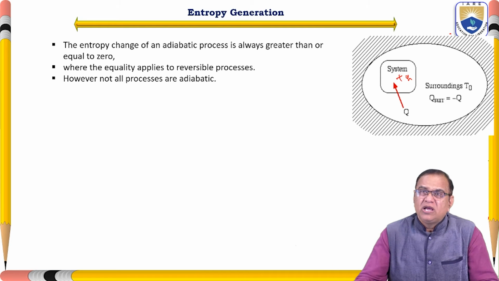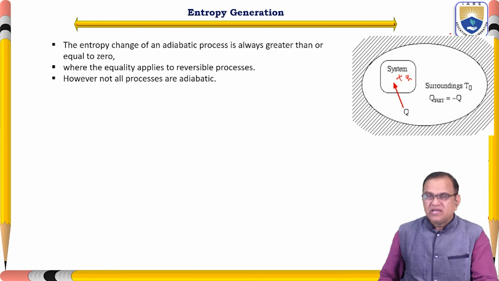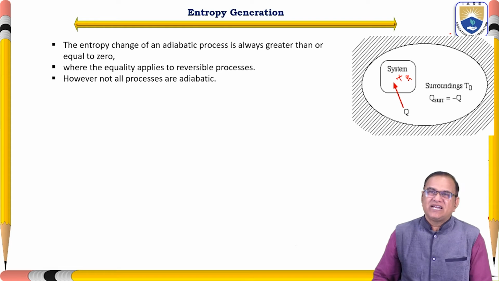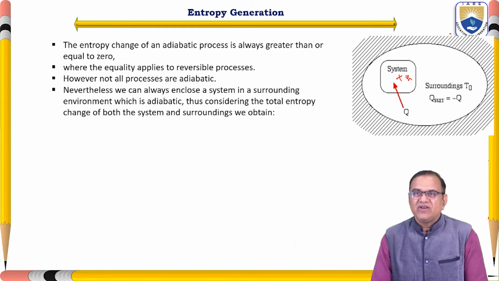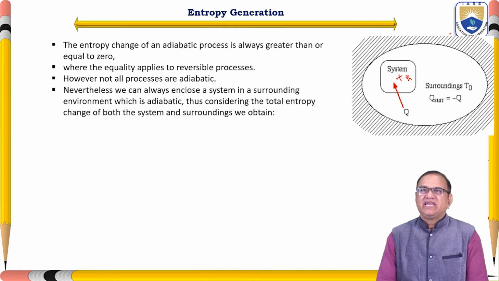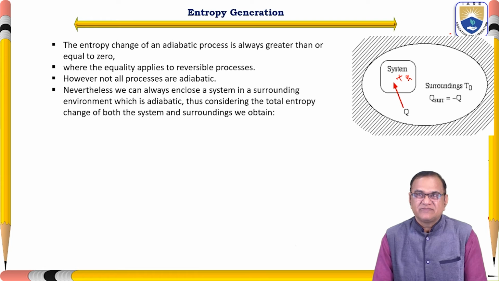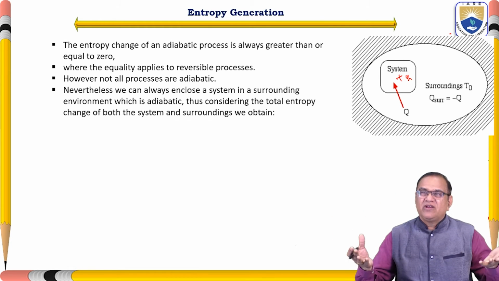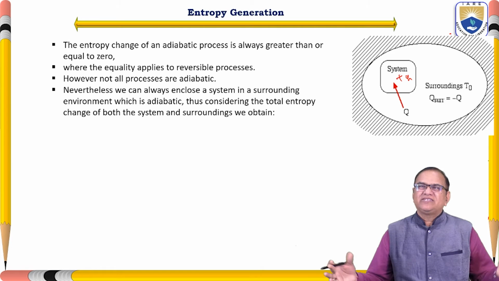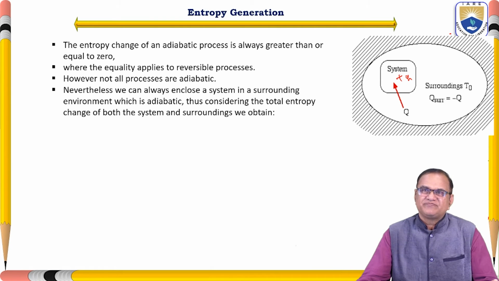However, not all processes are adiabatic. In real life, we will not see that all processes are adiabatic. Nevertheless, we can always enclose a system in a surrounding environment which is adiabatic. So if you surround the system with the surroundings, then this system will become adiabatic.